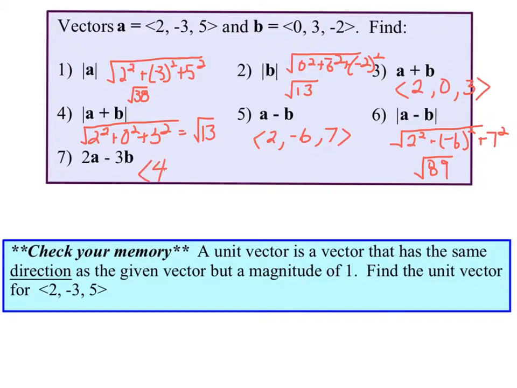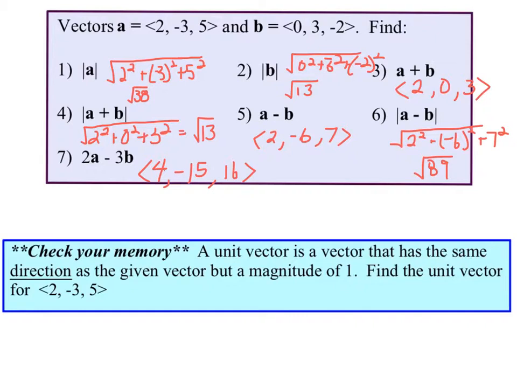And then I'd have 2 times negative 3, so negative 6 minus 3 times 3. So I have negative 6 minus 9, so that will be negative 15. And then I have 2 times 5, so 10, minus 3 times negative 2. So 10 minus negative 6 is 16.